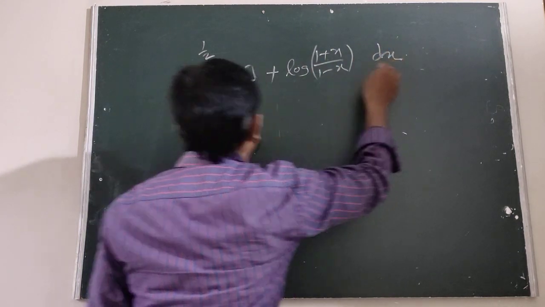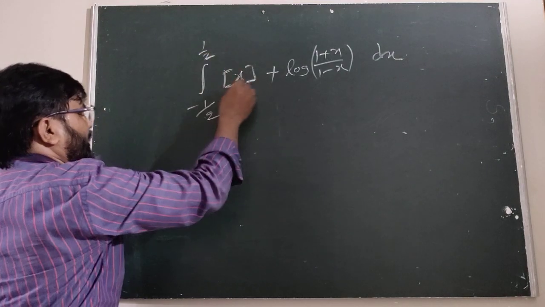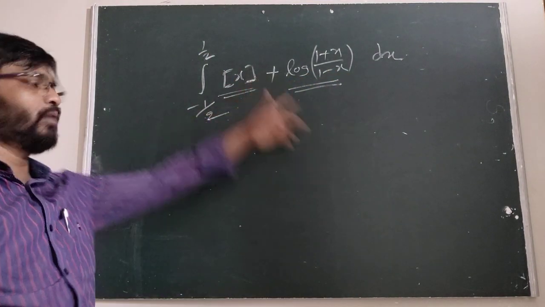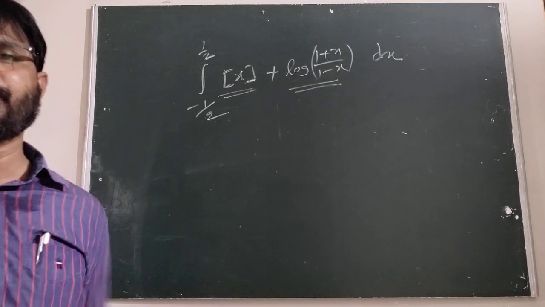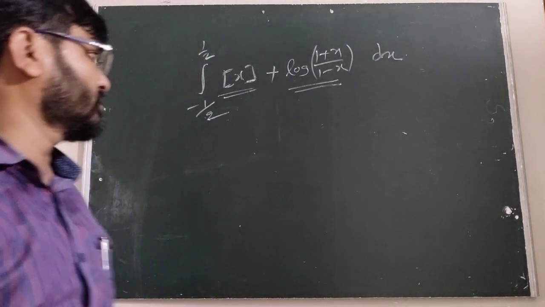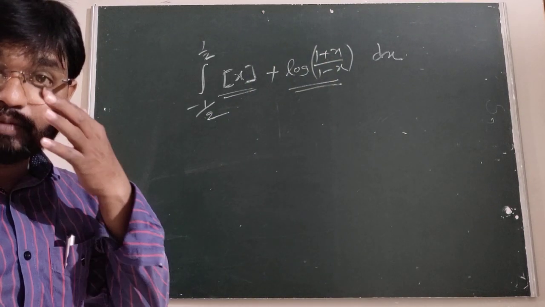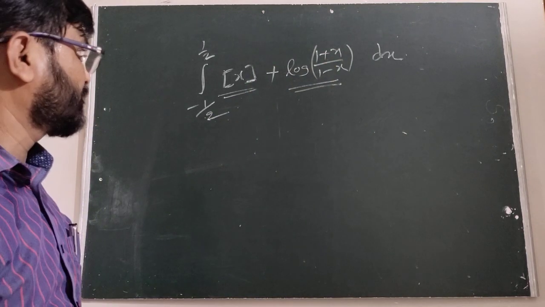Everybody knows that when the limits are equal, we have to take the two integrals. In this case there is a plus sign between them, then we can split them, separate them: the integral of step x, and log of 1 plus x upon 1 minus x.